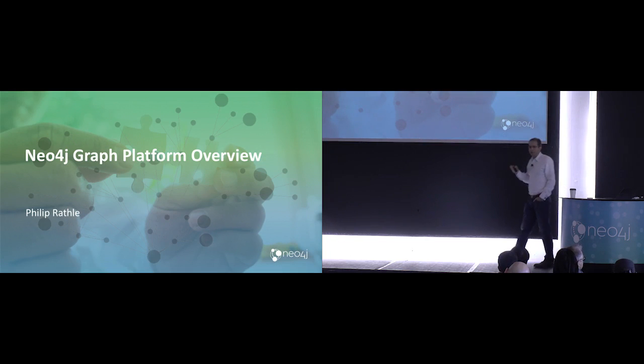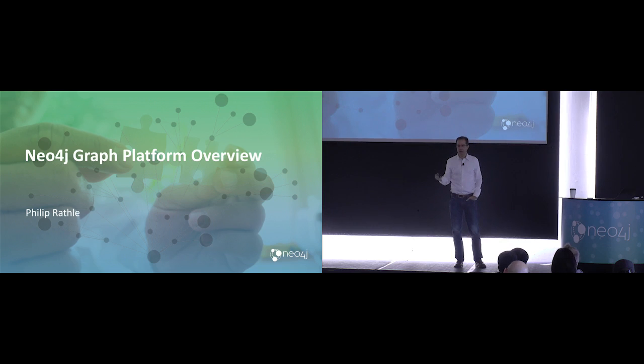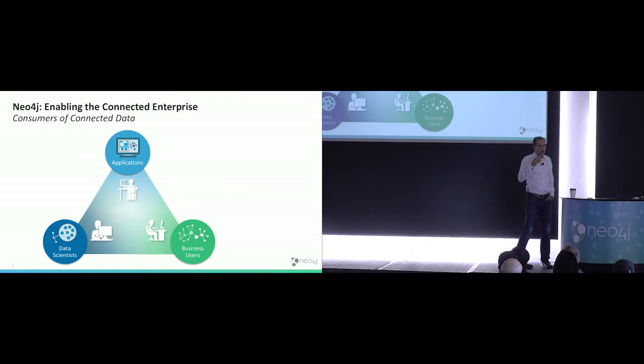So I'd like to drill into our solution vision and our solution portfolio. And before I do this, let me share what the different consumers are of graph information inside of the enterprise. The consumers of connected data are threefold. You have business users, applications, and data scientists.